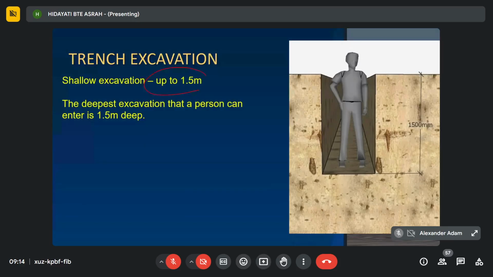This is actually the deepest excavation that a person can enter, it should not be more than 1.5 meters. Why is it limited to 1.5 meters? Why?